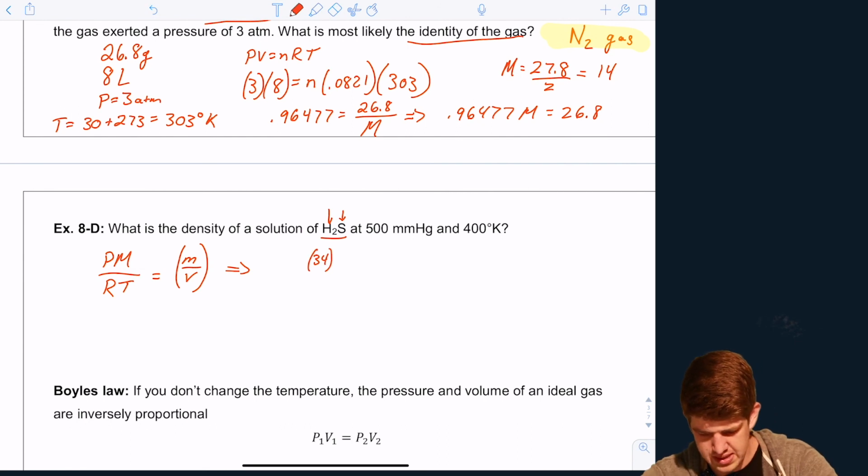The pressure is 500 millimeters mercury. Need that in atmospheres.